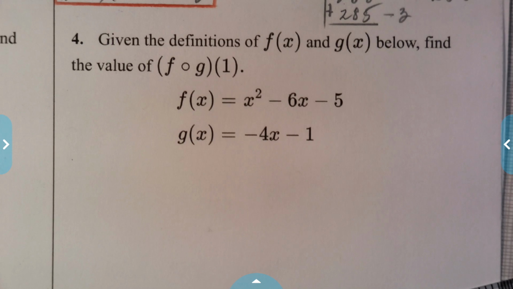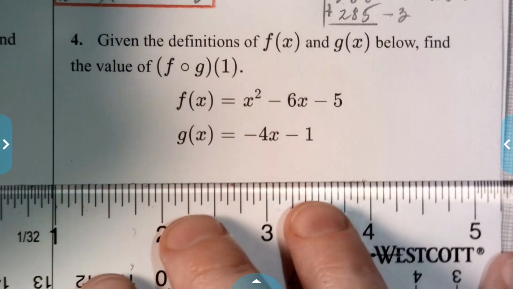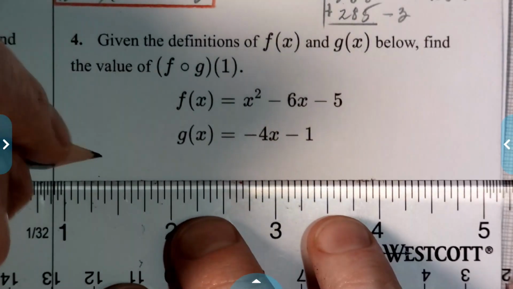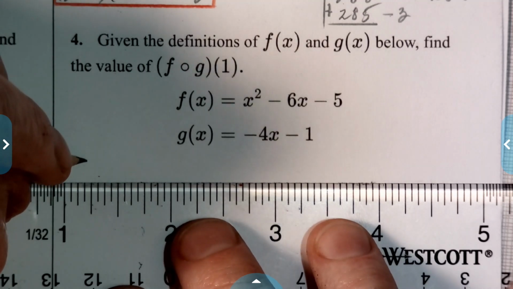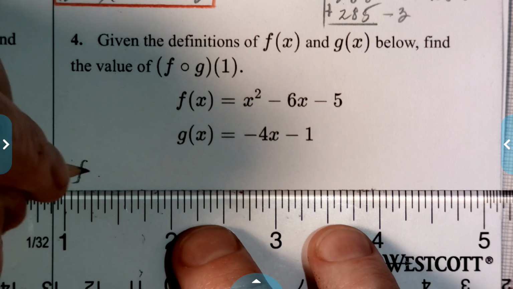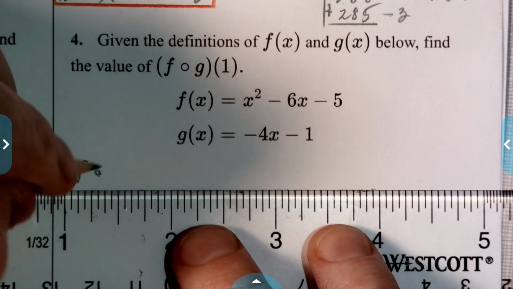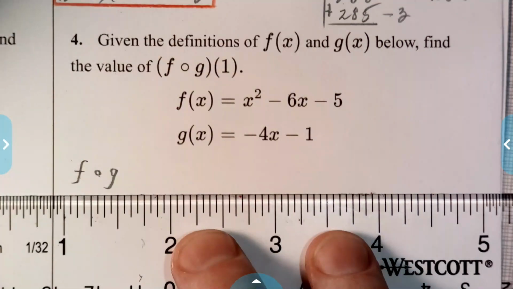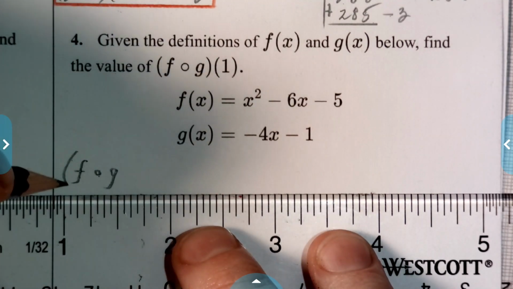Okay, so we're going to start by composing the two functions together, and this time we're going to compose f of g of x. So I call it the fog, like that. Okay.